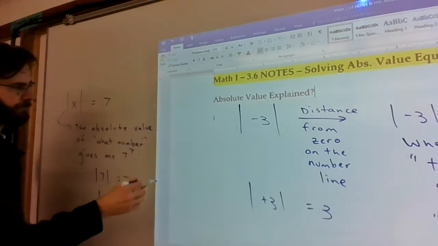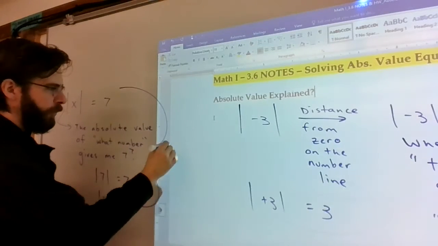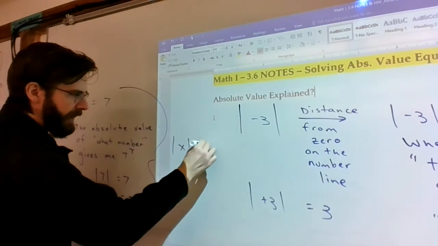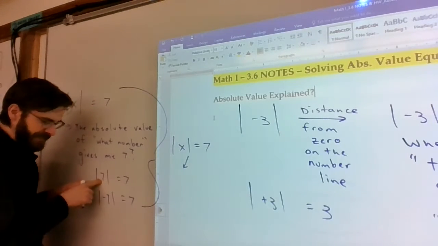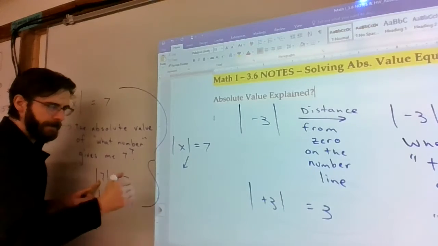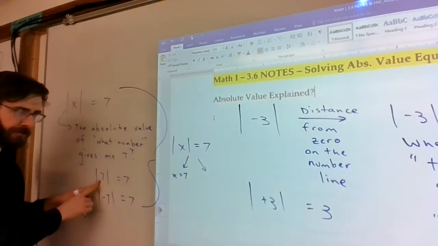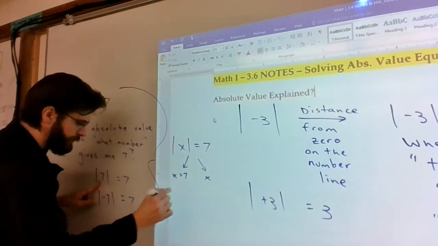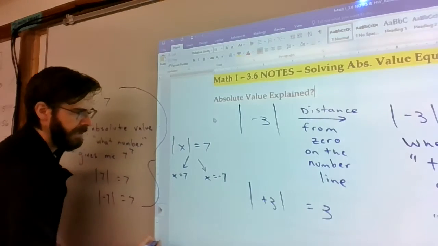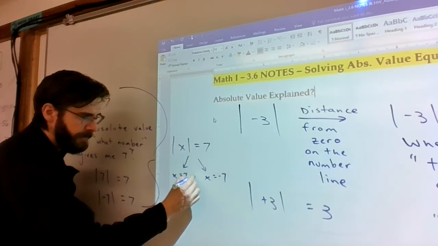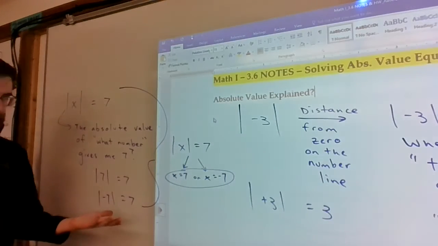All this points us to the absolute value of x equals 7 can be computed by setting the inside equal to the positive outside, and then you find the other solution by setting the inside equal to the negative outside. These are our two solutions. You put an or between them, and you're done.